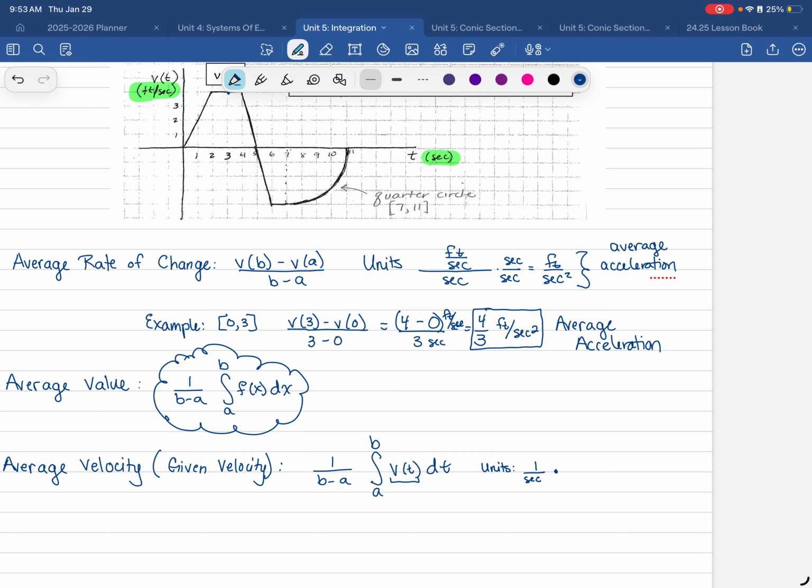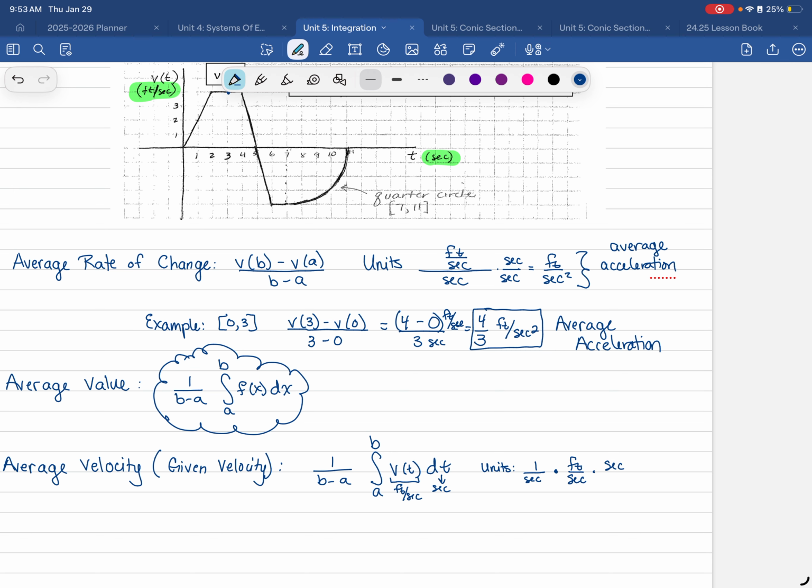So my velocity is in feet per second, and my dt is in seconds. So what we've been doing to find that is we've been multiplying our velocity, so whatever the height of my function is, times that infinitely small width, but even though it's infinitely small, it's still in terms of seconds. So we've been multiplying feet per second times seconds.